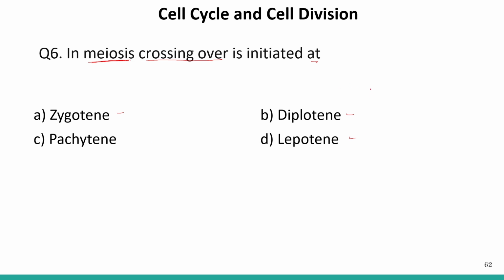Again they are talking about prophase 1 of meiosis 1. In zygotene, we already know synapsis or pairing of chromosomes takes place. During diplotene, chiasmata formation is seen.